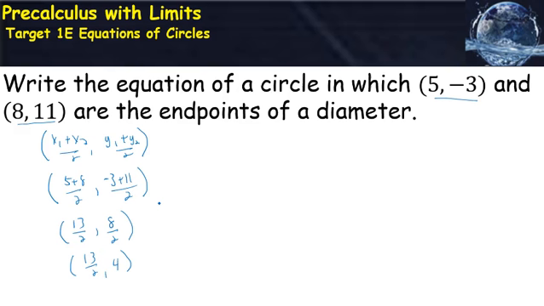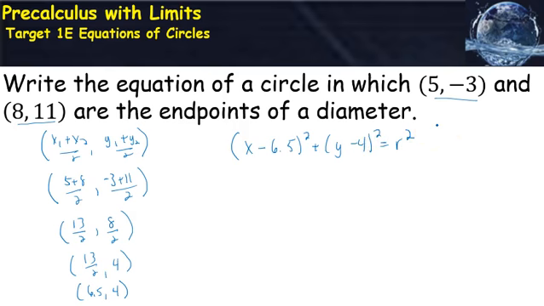You can either use fractions or decimals. I guess in this particular problem, the decimal is the easier way. So I'm going to change this to 6.5, 4. So my equation is (x - 6.5)² + (y - 4)² = r².